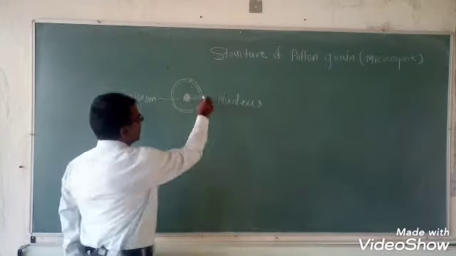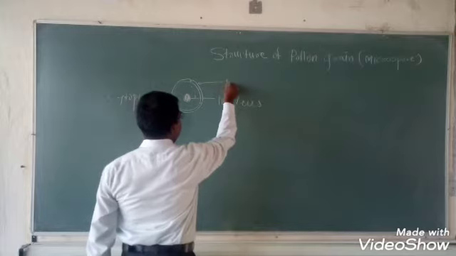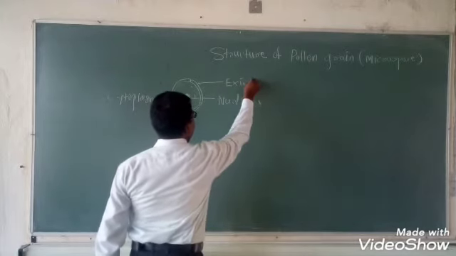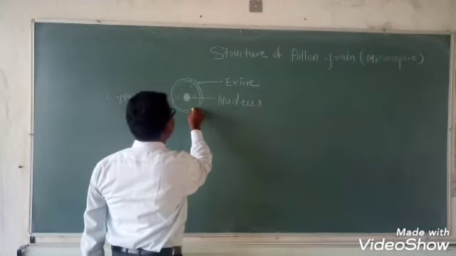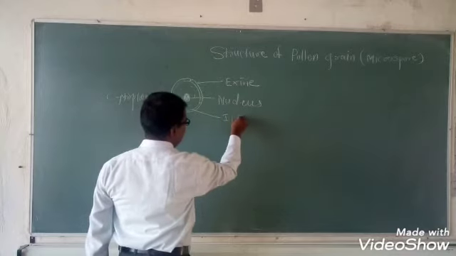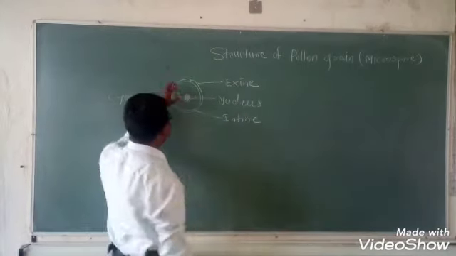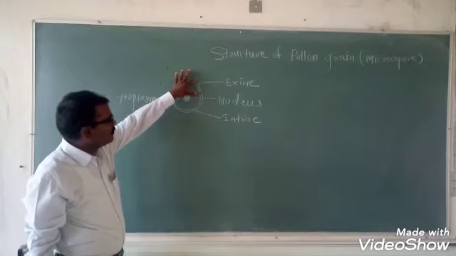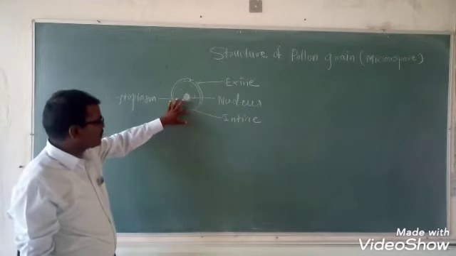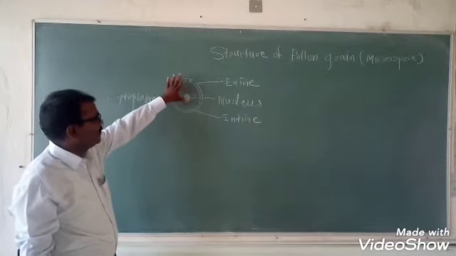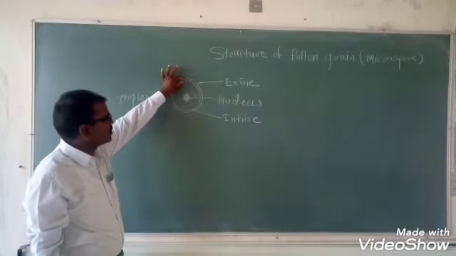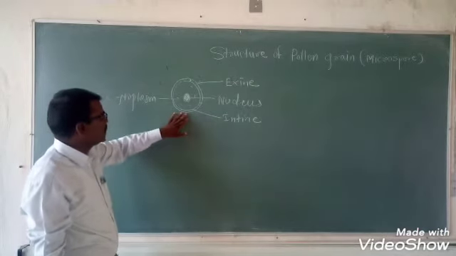The outer layer is called exine. This is exine, and the inner layer is called intine. This is intine. Outer is exine, inner is intine. These are the two wall layers of the pollen grain.